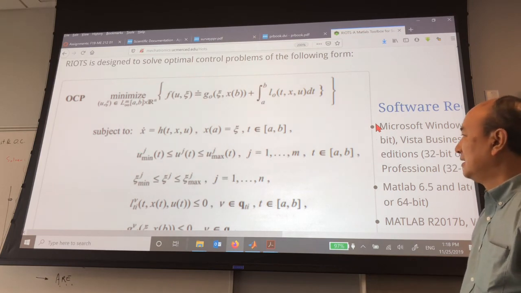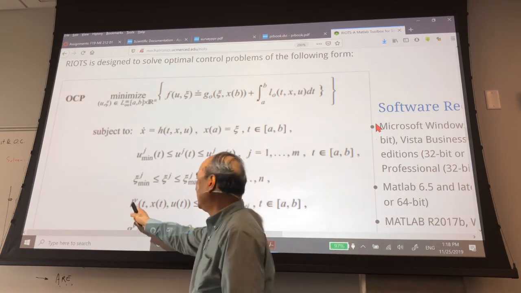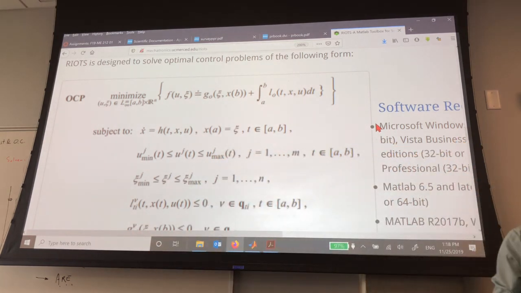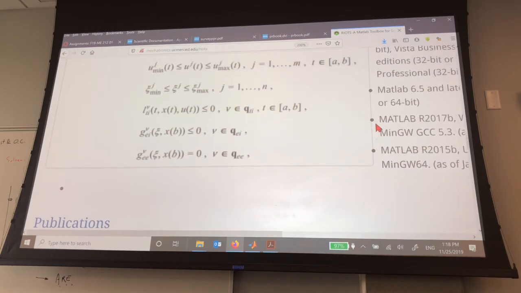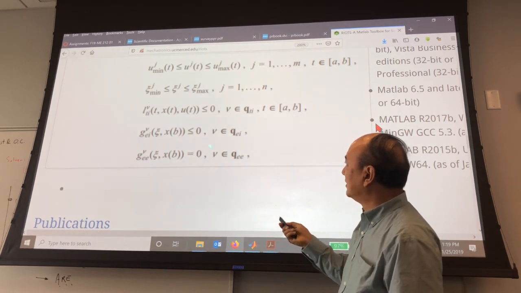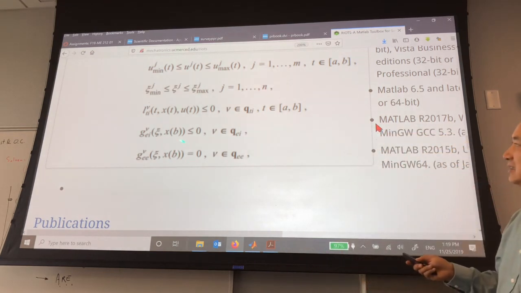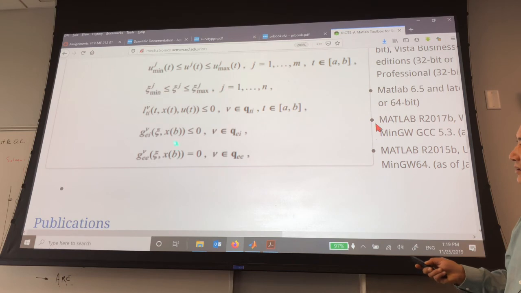And these are my inequality constraints, and you have equality constraints as well. These are at the terminal. Initial and terminal conditions satisfy these, and the state and the control satisfy this inequality. It's very general.